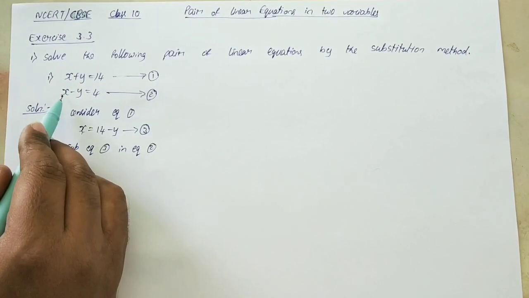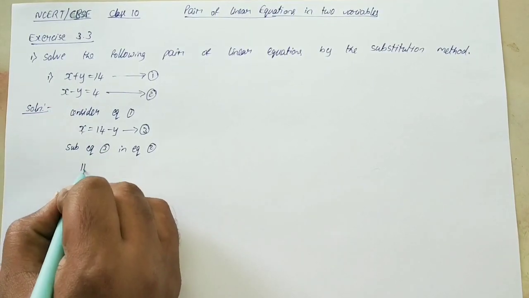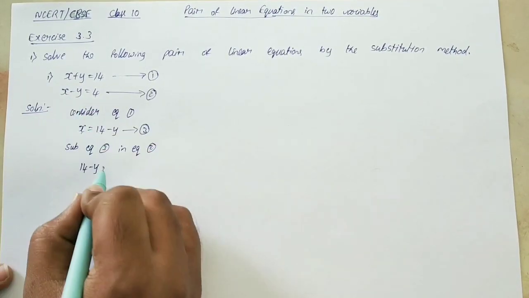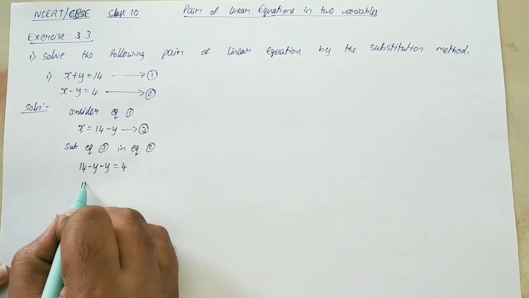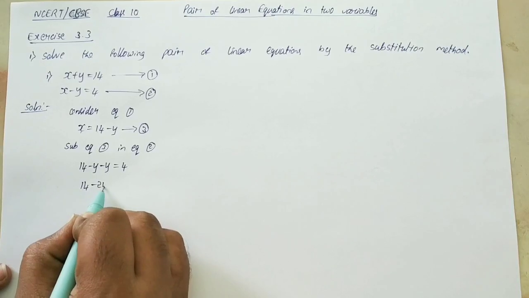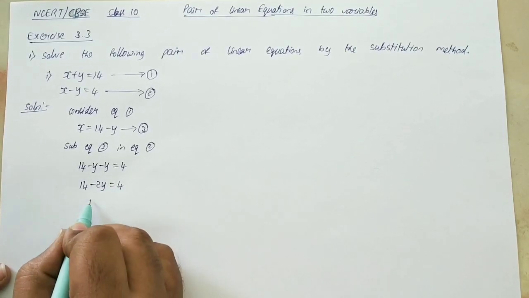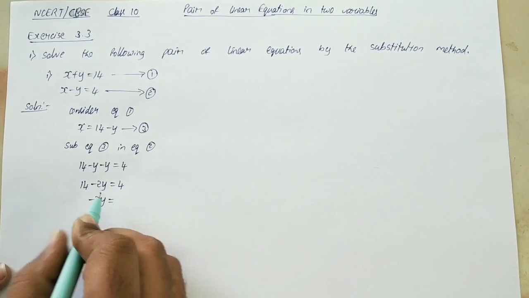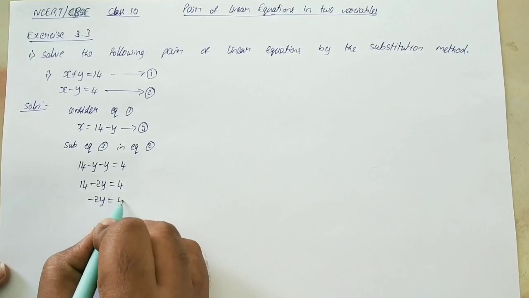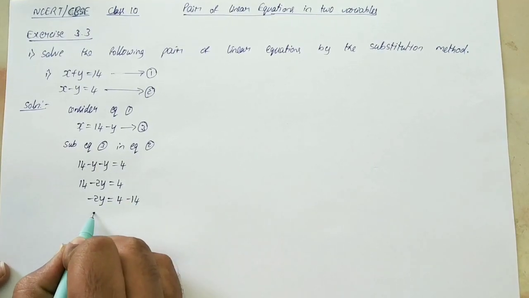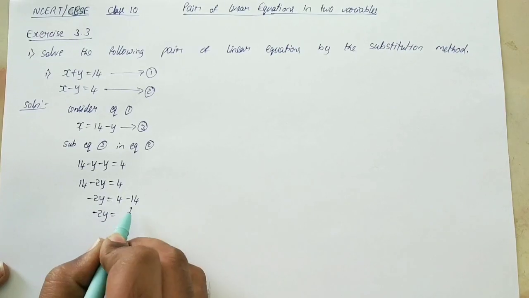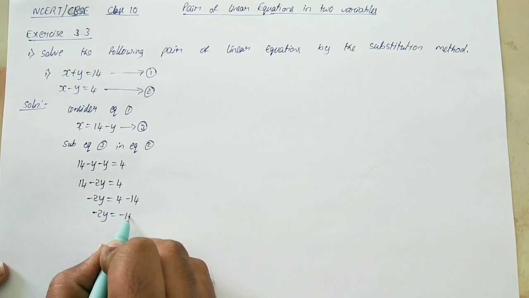So in place of x I write 14 minus y, minus y as it is, equal to 4. Now 14 minus y minus y is 14 minus 2y is equal to 4. I will shift 14 to the RHS, then it becomes minus 14. So minus 2y is equal to 4 minus 14, which is minus 10.